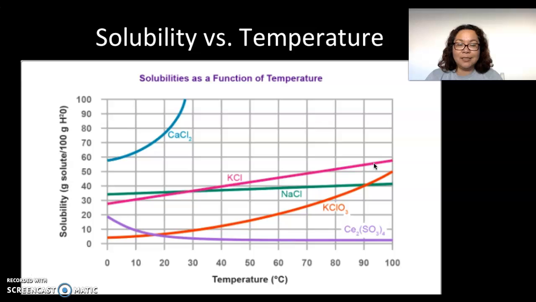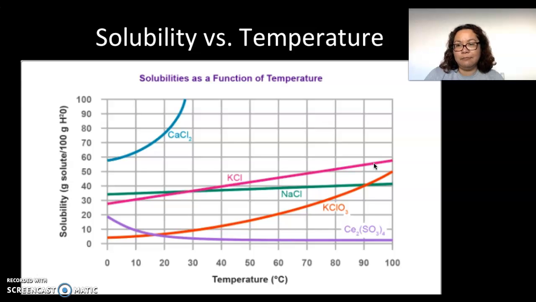So part of science literacy is being able to read a graph and derive meaning out of that. You have to read everything from this graph, from the titles to the tiny little captions at the bottom if it has captions. So the title of this graph is Solubilities as a Function of Temperature.